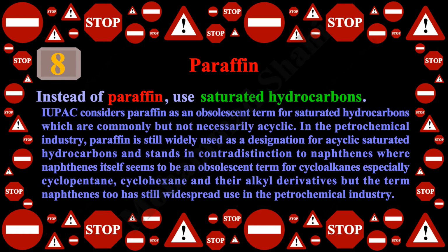In the petrochemical industry, paraffin is still widely used as a designation for acyclic saturated hydrocarbons and stands in contradistinction to naphthene, where naphthene itself seems to be an obsolescent term for cycloalkanes, especially cyclopentane, cyclohexane, and their alkyl derivatives. But the term naphthene too has still widespread use in the petrochemical industry.